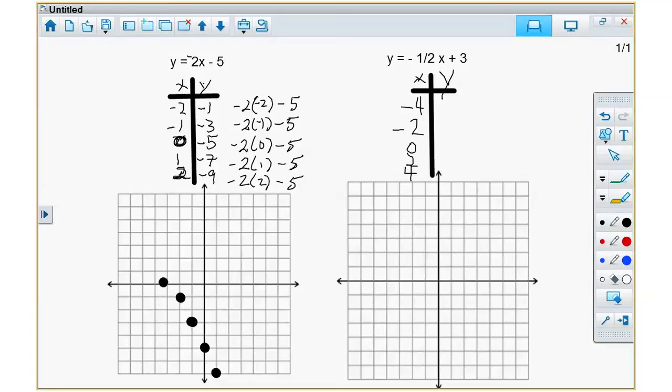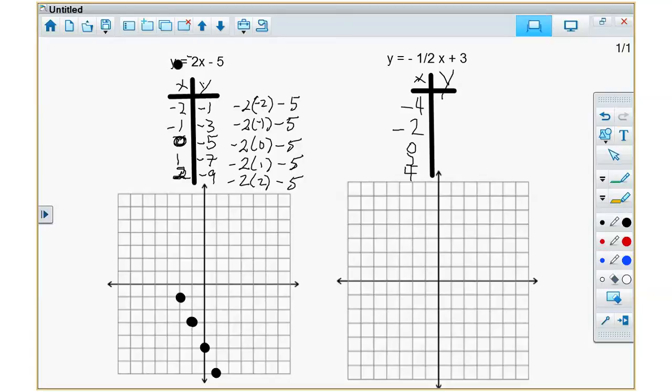What if we wanted 1 right here? What would we have to plug in? 0 for what? Plug in 0 for y, and that's what we're fixing to go into today.